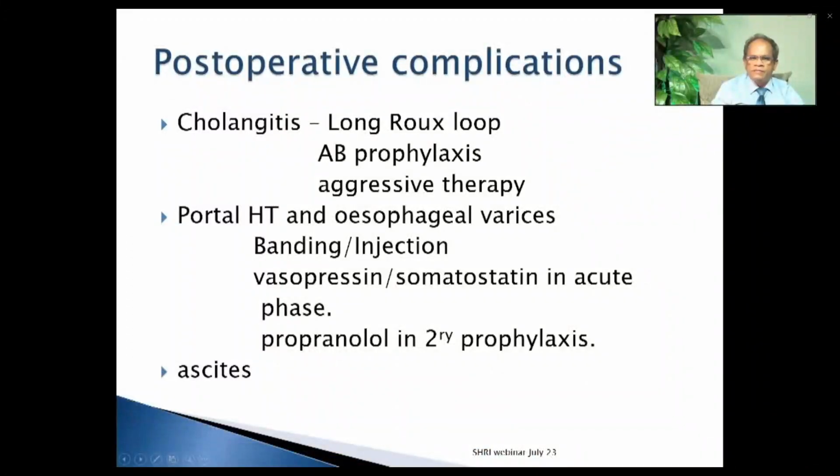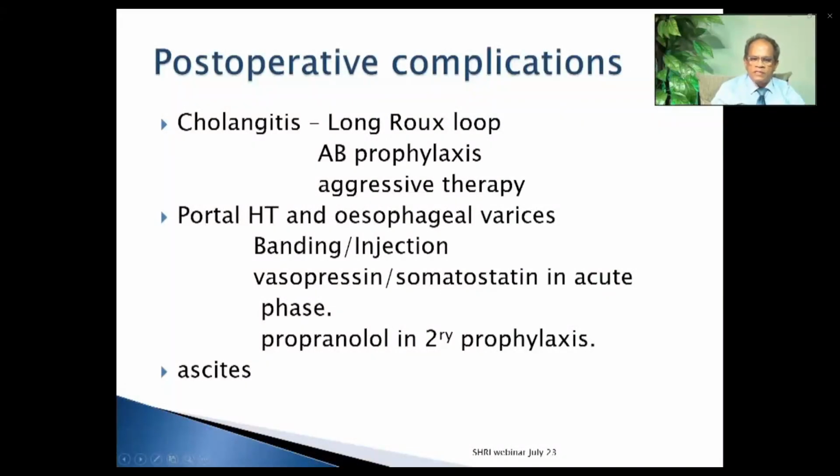Antibiotic prophylaxis sometimes helps, and once you diagnose cholangitis, you obviously have to treat aggressively with IV antibiotics. Portal hypertension and esophageal varices are a result of inadequate clearance of jaundice and persistent obstruction, and eventual biliary cirrhosis.